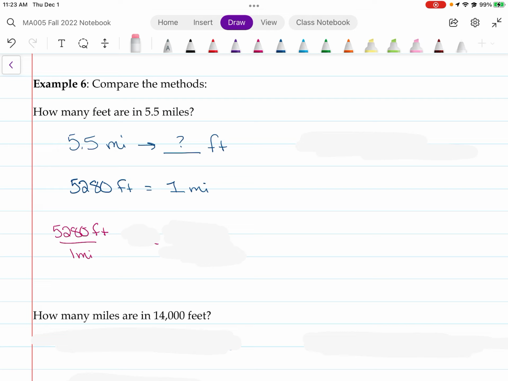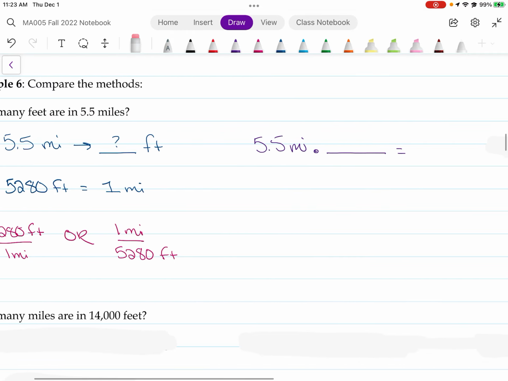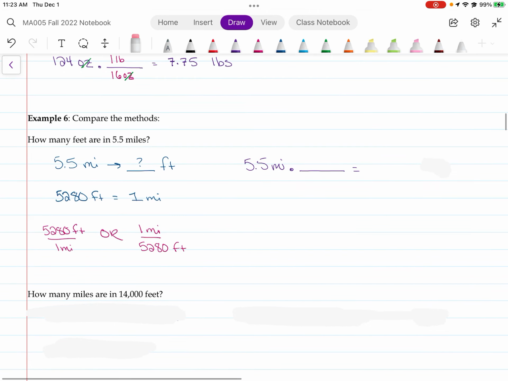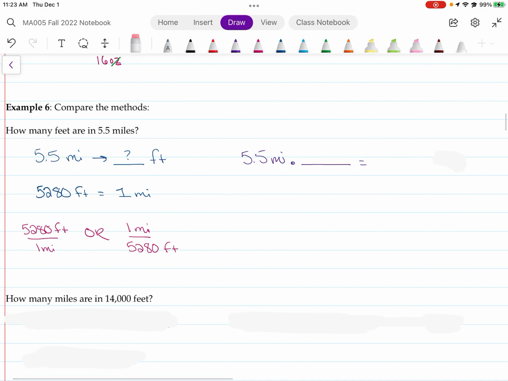So we set up the two conversions: 5,280 feet per 1 mile, or 1 mile per 5,280 feet. Let's set up our math sentence: 5.5 miles times some conversion factor equals how many feet?